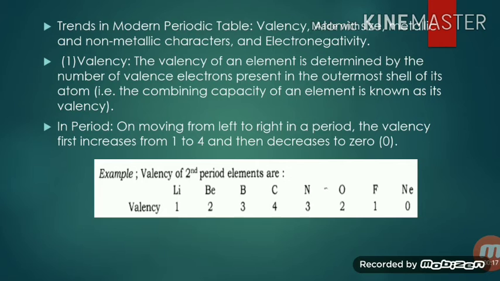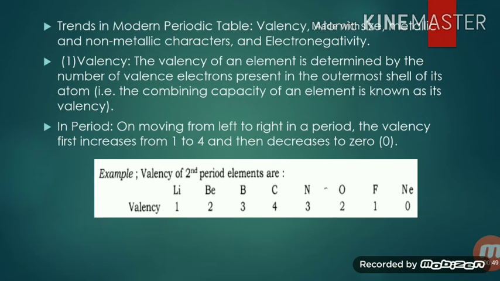Valency: the valency of an element is determined by the number of valence electrons present in the outermost shell of its atom. I already discussed this. In periods, on moving from left to right, that is from group 1 to the last group, group 18, the valency first increases from 1 to 4 and then decreases to 0.